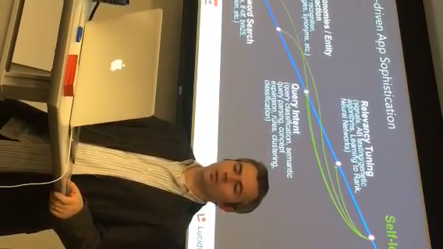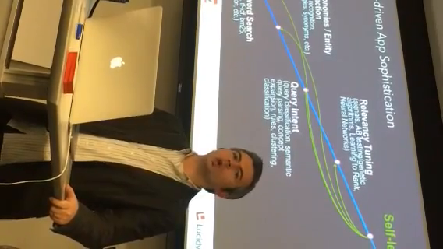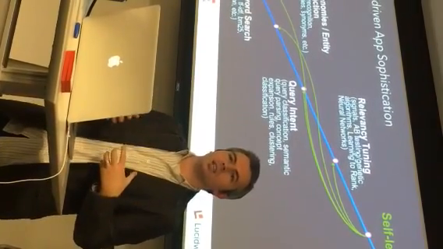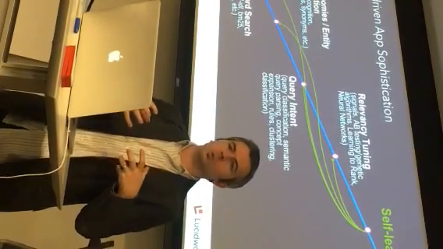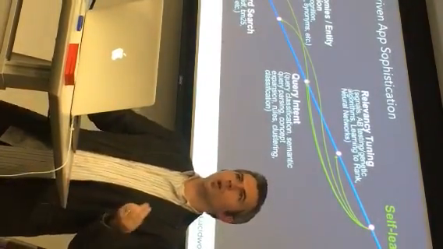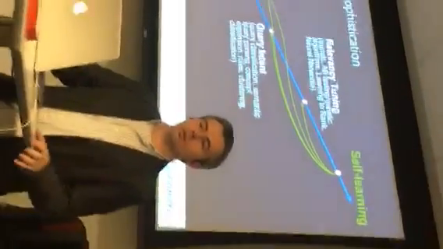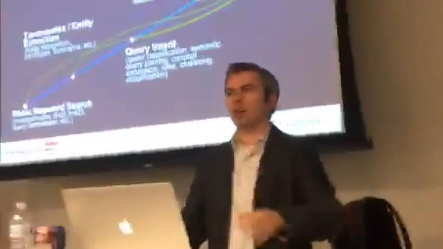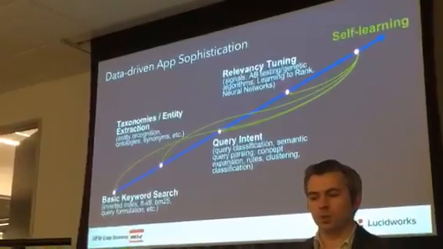And not only learning from behavior, but also learning from your content. When content comes in, can it learn relationships between things within the content to automatically generate ontologies and understand relationships between things and be able to do concept expansion and semantic search? How can we do all of these things without a lot of human intervention, where the algorithms are driving what's going on? So as we get further into the talk, for those of you who can stay late, I'm going to dive more into some of those concepts as well.